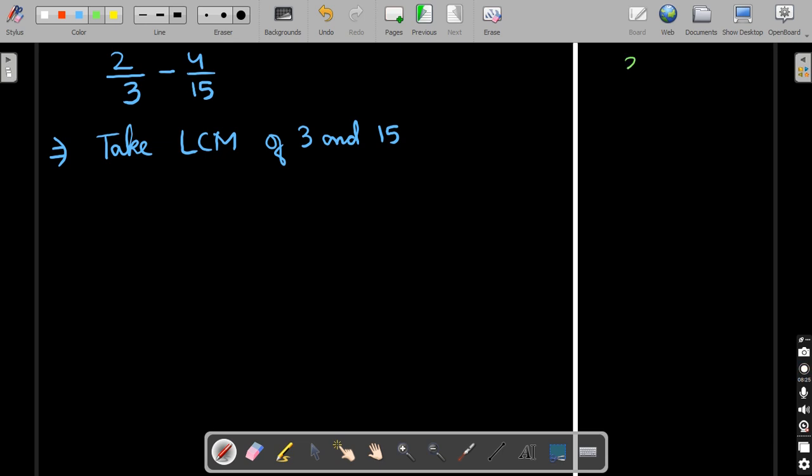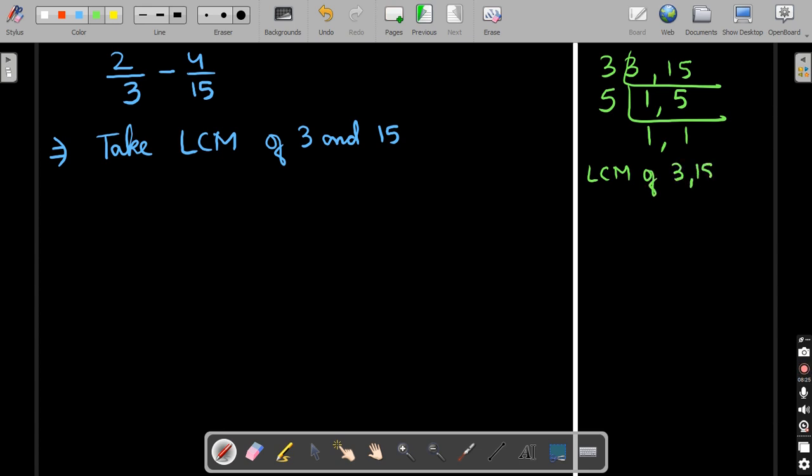Now I will take the LCM of 3 and 15. So 3 1s are 3, 3 5s are 15. 5 1 1. Now the LCM of 3 comma 15 will be 3 into 5. Sorry, 3 into 5, because this number is there. So 3 5s are 15.